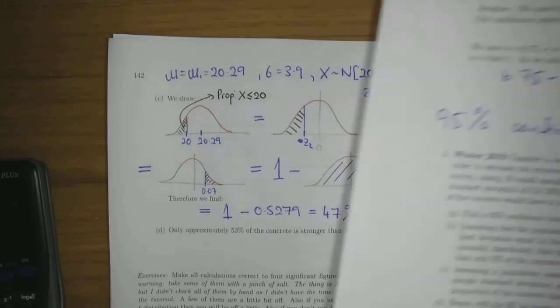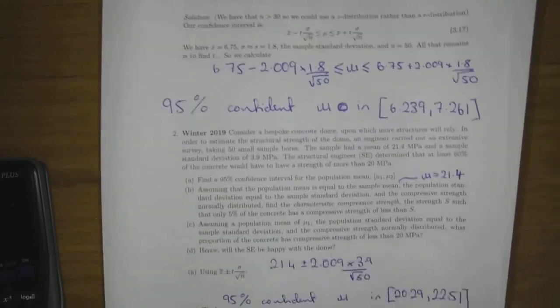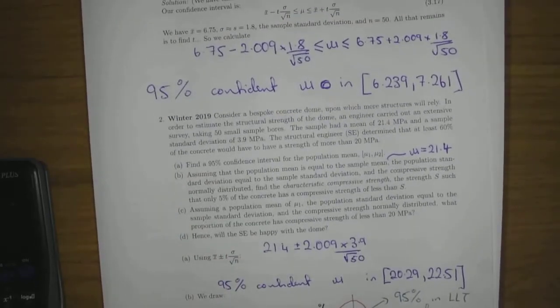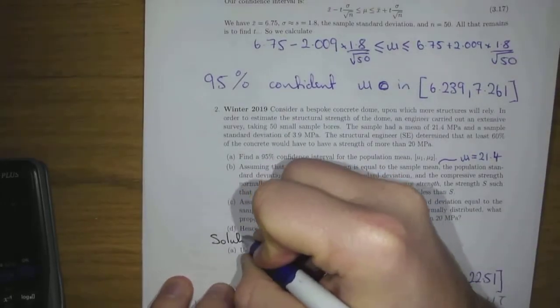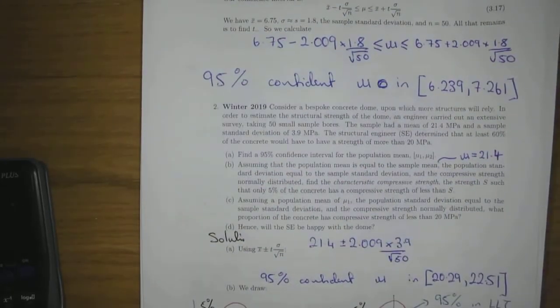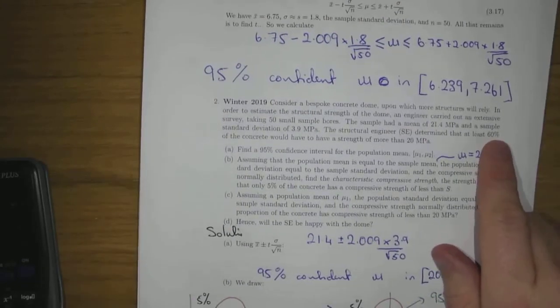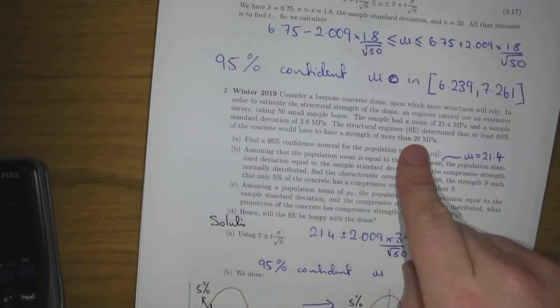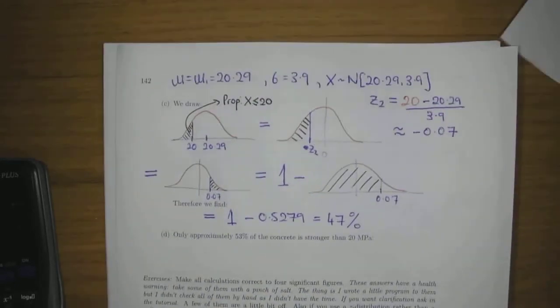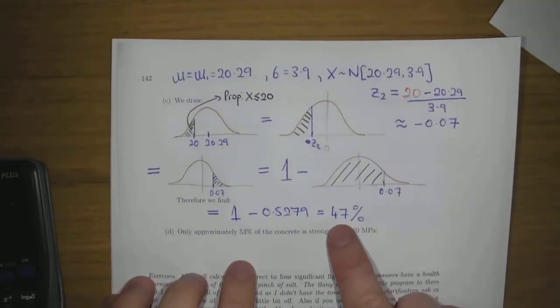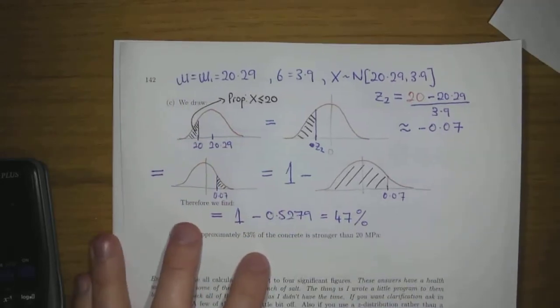Okay. Now the question is, will the structural engineer be happy with the dome? I should write down the solution here. Well, what does the structural engineer want? She wanted at least 60% of the concrete to be stronger than this. But 47% of it is weaker.